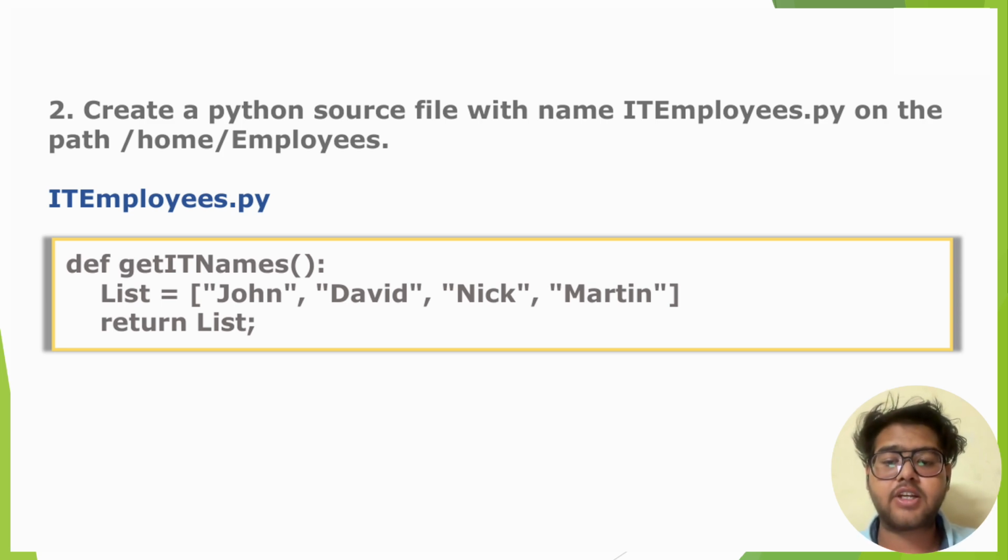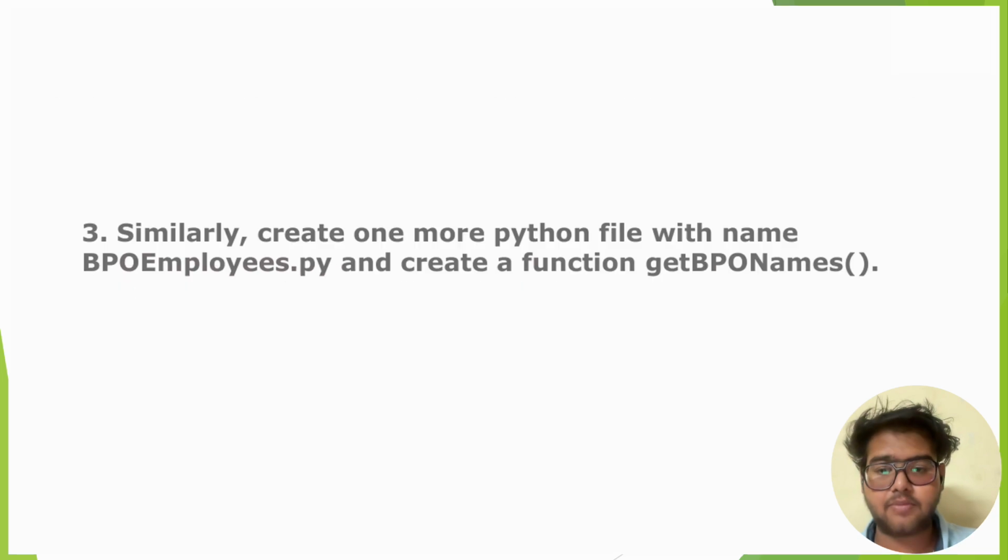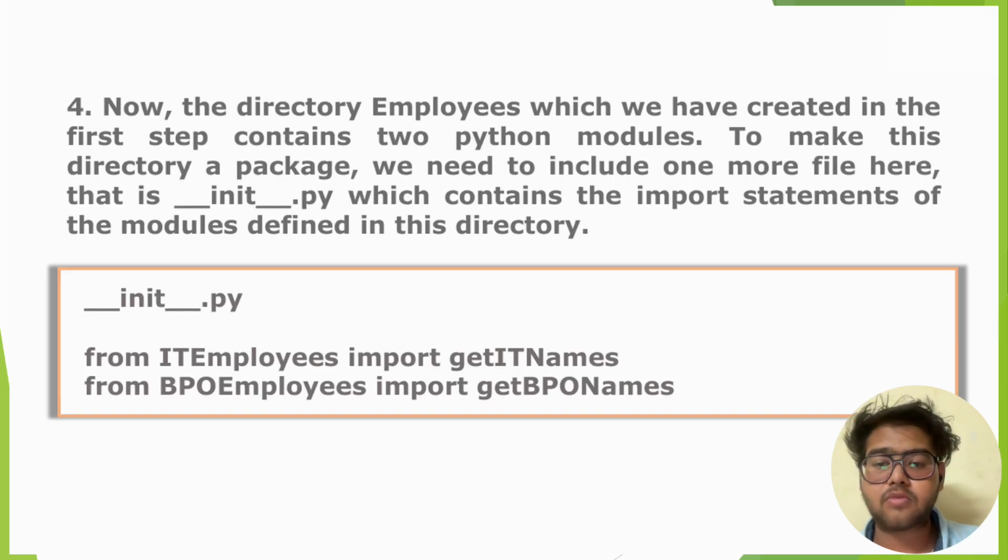We will create a function get it names and return the list of names. Third step, similarly, we have to create one more Python file with the name bpoemployees.py and create a function get bpo names same as the previous function.